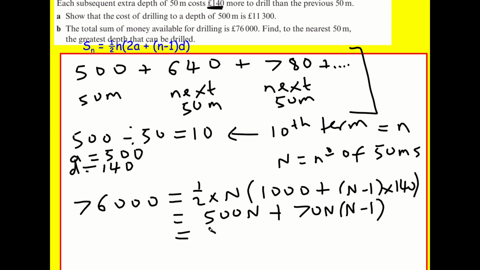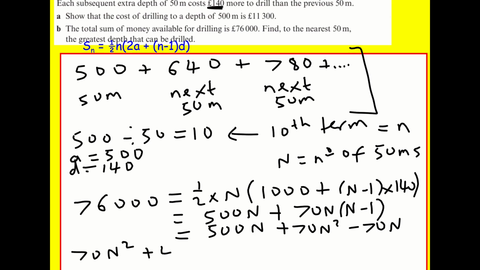And that's going to then be 500n plus 70n squared minus 70n. So 70n squared, we've turned it into something we can deal with now, plus 430n minus 76,000 is going to equal 0.